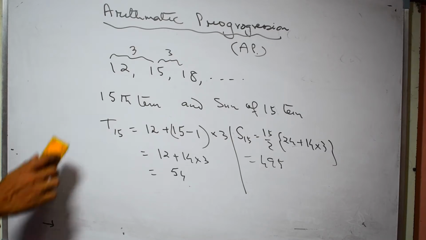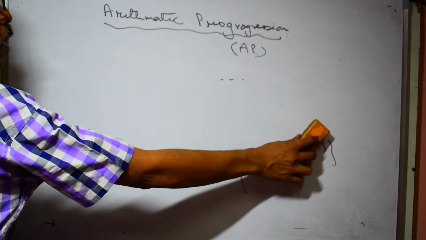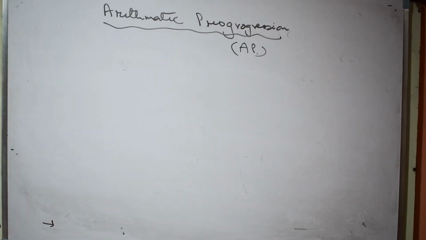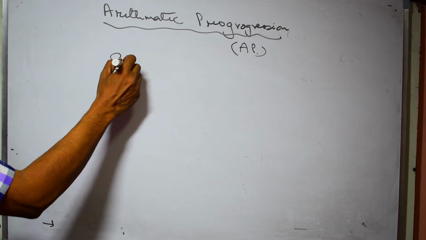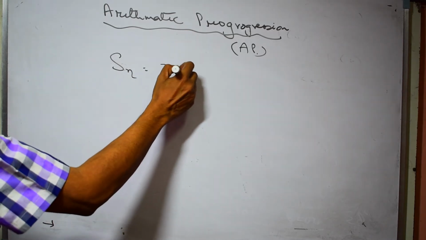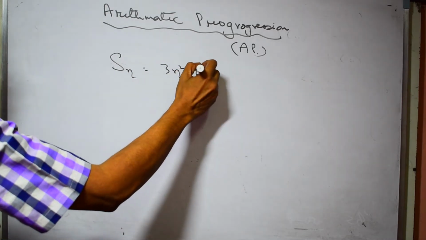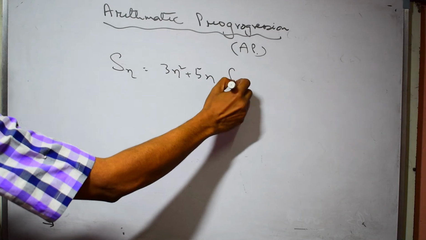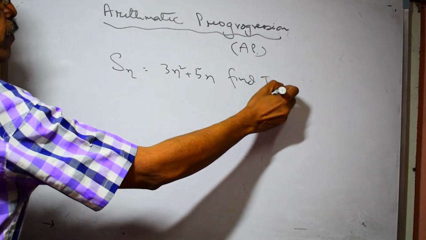In AP, there are one or two types of problems. If I know the nth term, we can find the sum of n terms. Sometimes the sum of n terms, Sn, is given as 3n square plus 5n, and they ask to find Tn. This type of question is very common.